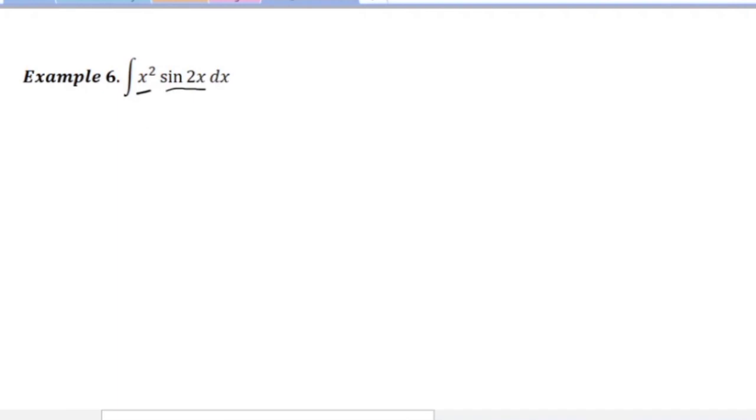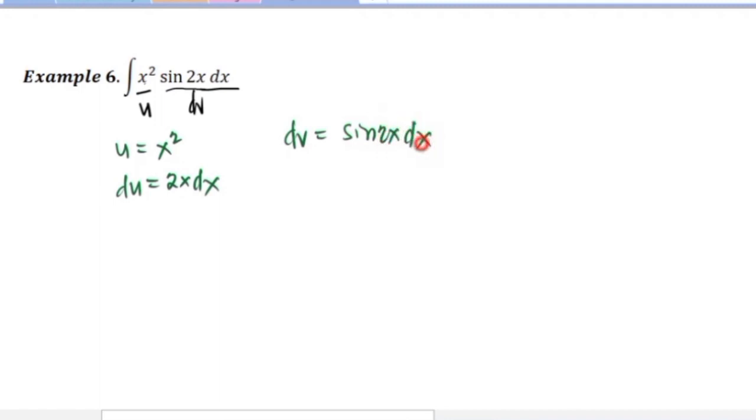So, sa nasabi ko nga kanina, nasa right track tayo if we let our u, yung algebraic na part, and the dv, itong trigonometric na part. So, let u is equal to x squared. So, du is equal to 2x dx. And dv is equal to sine 2x dx.